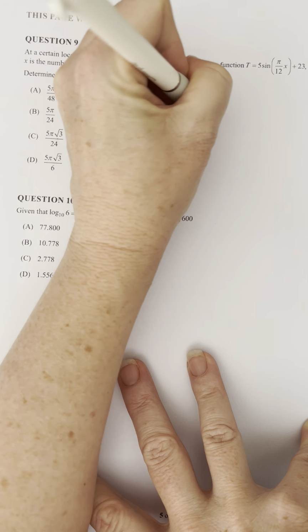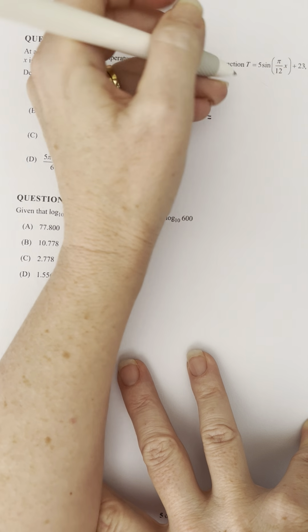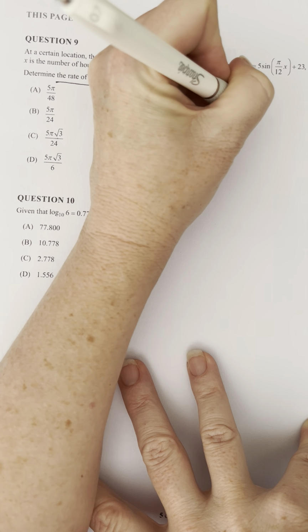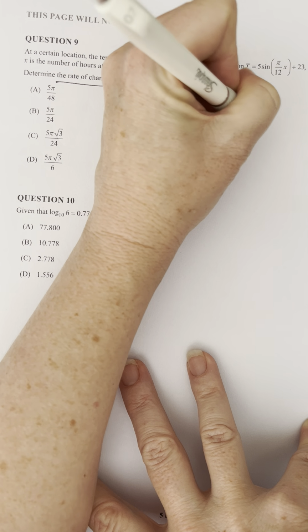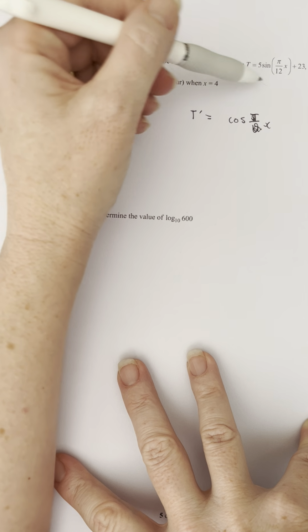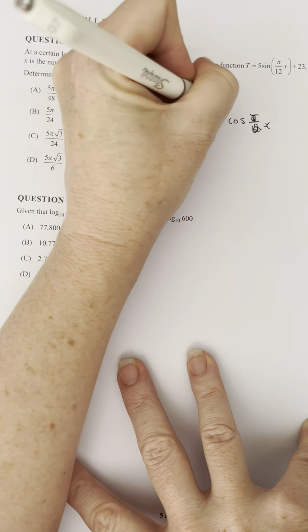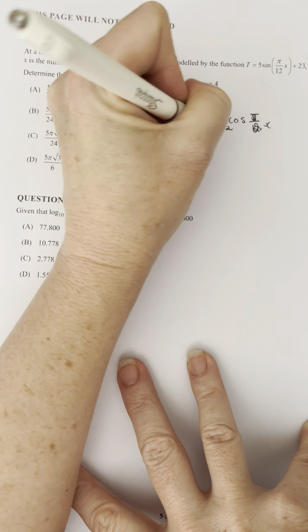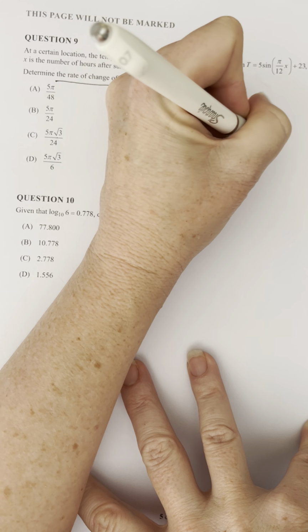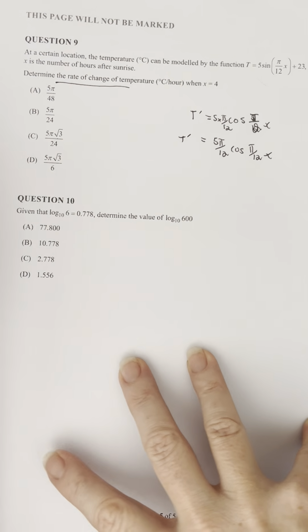So we're going to do t dash, and here we've got a sine, so it's going to go to cos, what have we got, pi on 12x. Obviously when we do the derivative, the 23 will go, and out the front we will have times the pi on 12 there. So 5 pi on 12 cos pi on 12x is the derivative we're using.